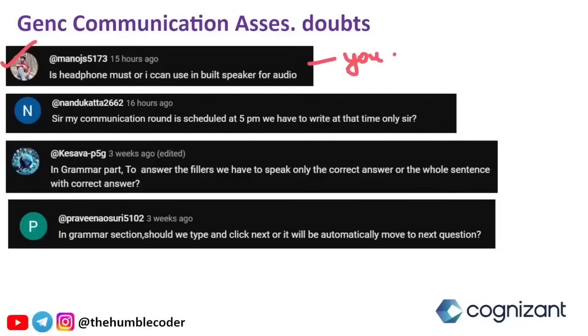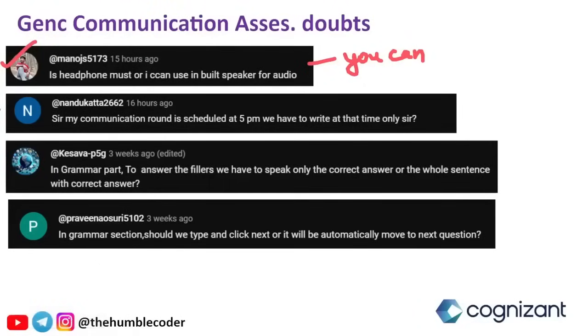You can use your built-in speaker for your audio, but I would suggest that if you have earphones or headphones, try using them, because your voice will get captured easily and in better quality. And if there are any extra noise distractions around you, all of that will be neglected when you use a good earphone or headphone. But the answer is, it is not mandatory, you can use anything.